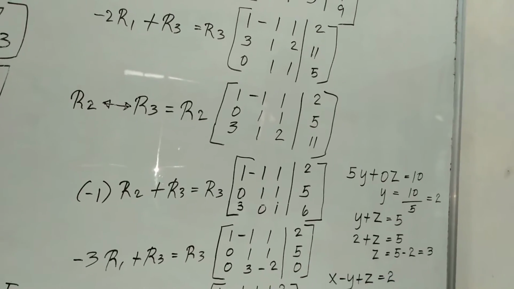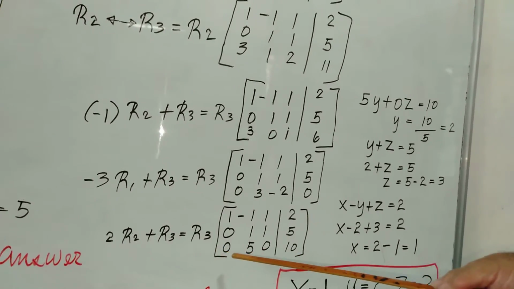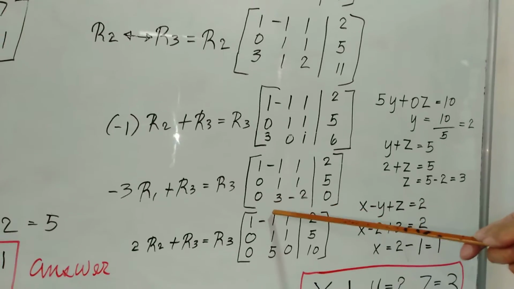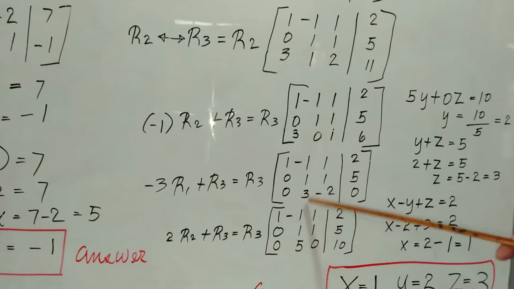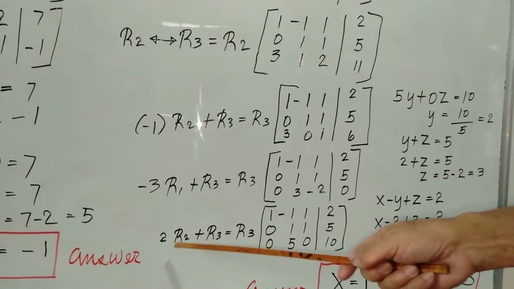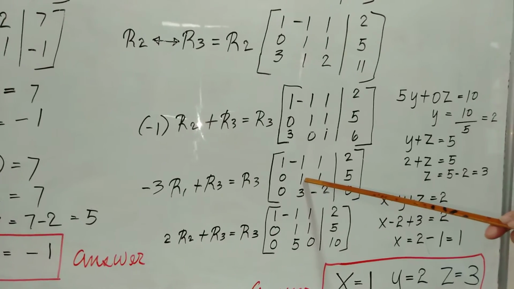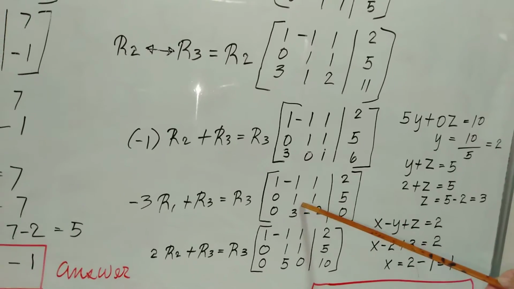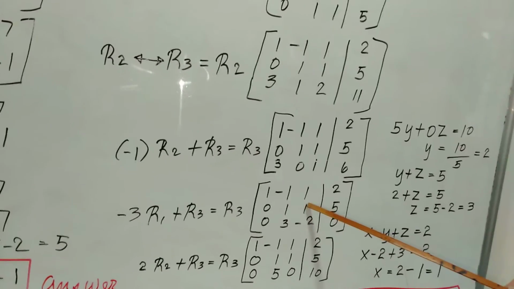So the last step now is to simplify this further, to make this entry 0. This one is 2, so we multiply row 2 by 2 and add it to this row, so that this one will become 0.